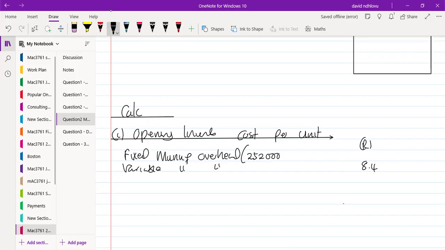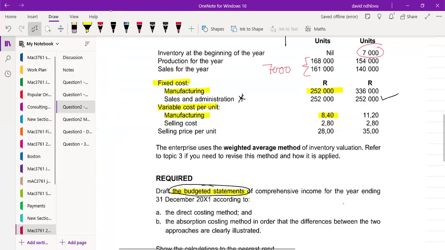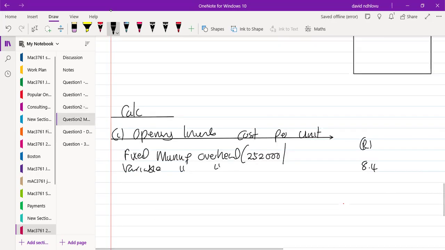To get the cost per unit, I must divide that by the number of units that gave me that cost. This is a manufacturing cost. It is determined by the number of units produced in that particular year. So if we have a cost of 252 after producing 168 units, what is the cost per unit?